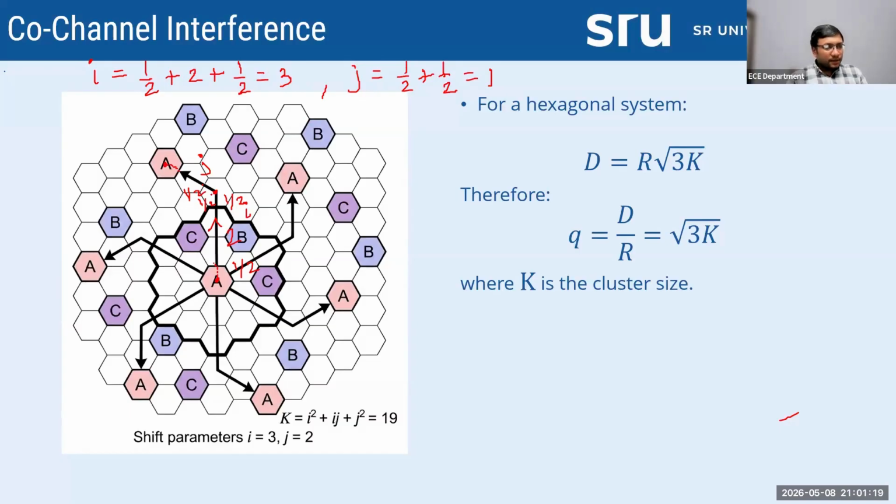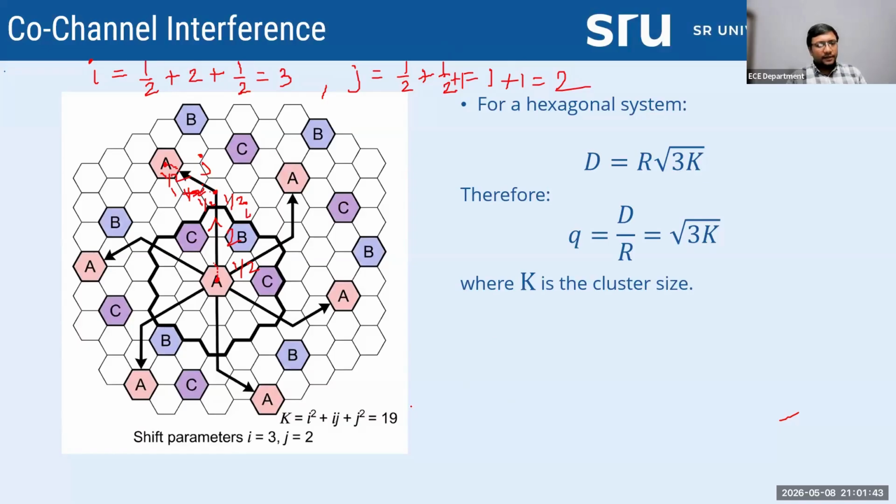No, sorry. This is half plus 1 plus half. So that is 2. Like that. So this is 2. So along I straight line, it is covering 3 cells. And along J straight line, it is covering 2 cells.